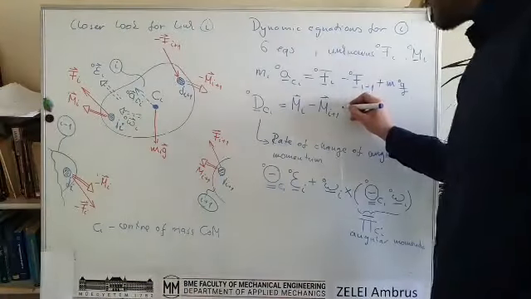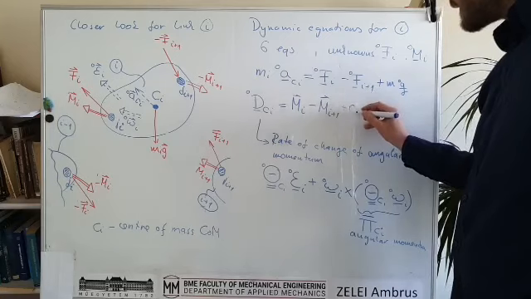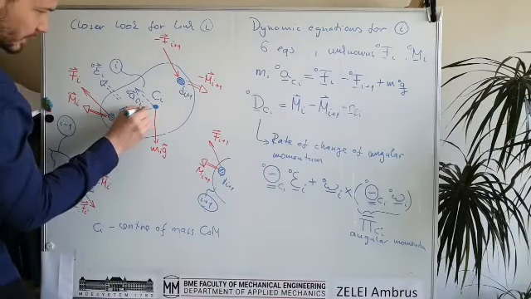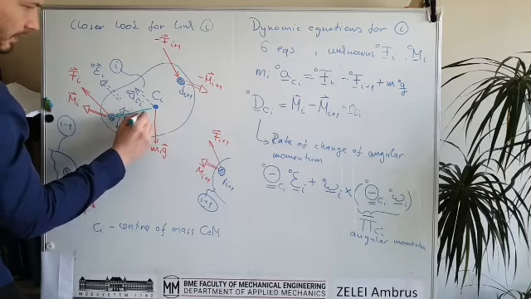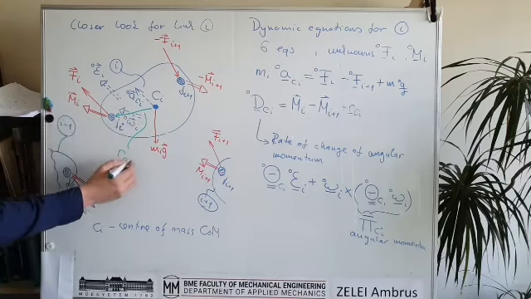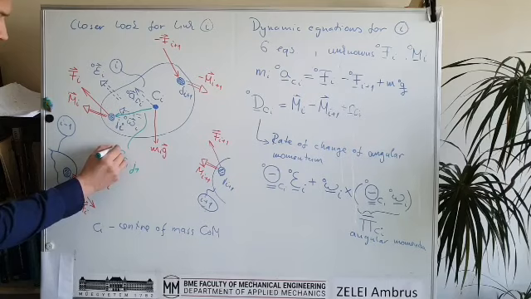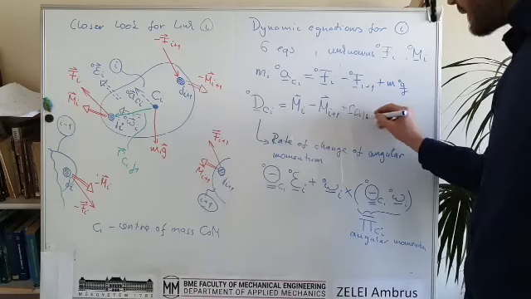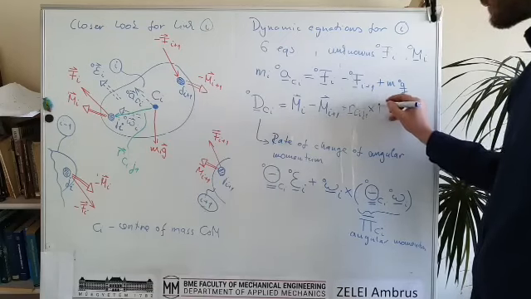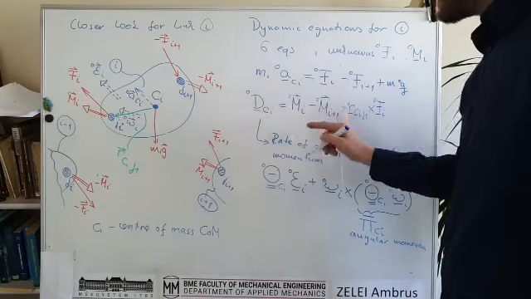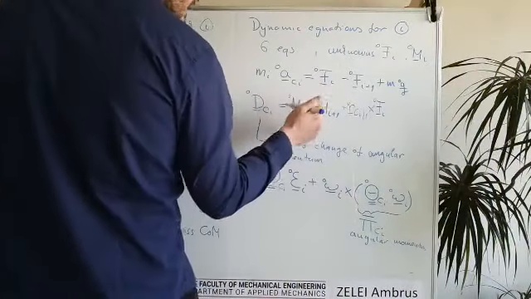So we will have a term which tells us that we have to take the position vector. I will draw it with green. So this is a position vector, this is r from the center of mass to J i. So this is r C i J i, and we have to take the cross product with the force F i, and everything is given in the global frame, and this is underlined from now.